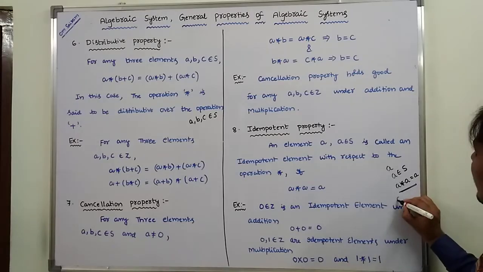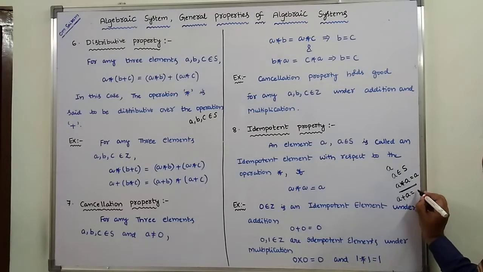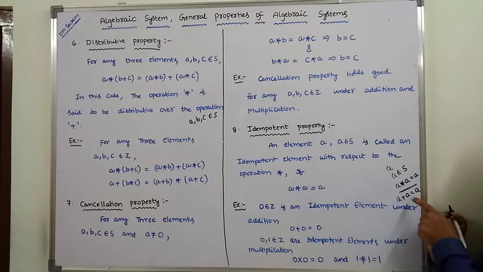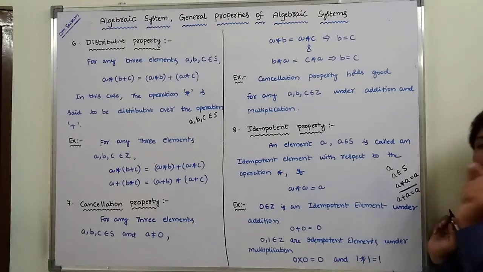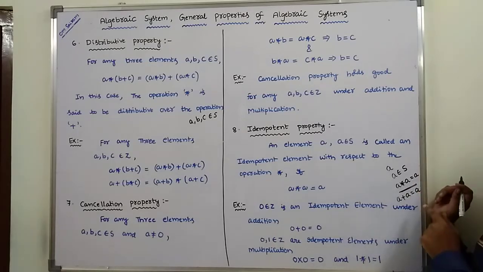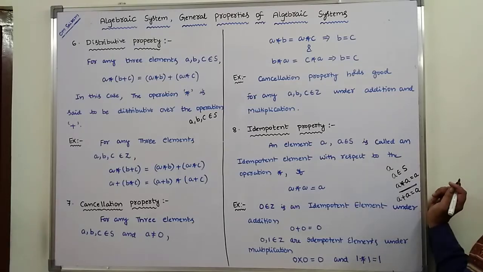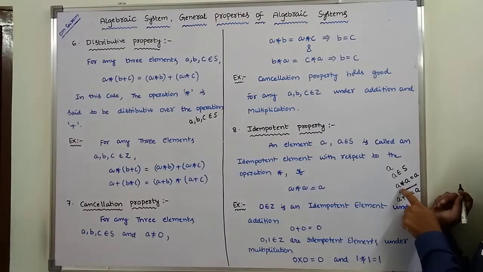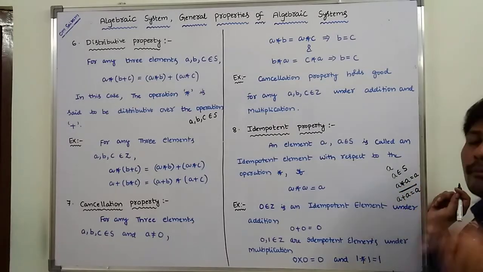In the same way, A plus A is equal to A. Here the operation is the addition operation. We can take an element A. The same element is added with the element A. We are getting the same result. We take the element A, and this element is multiplied with the same element.